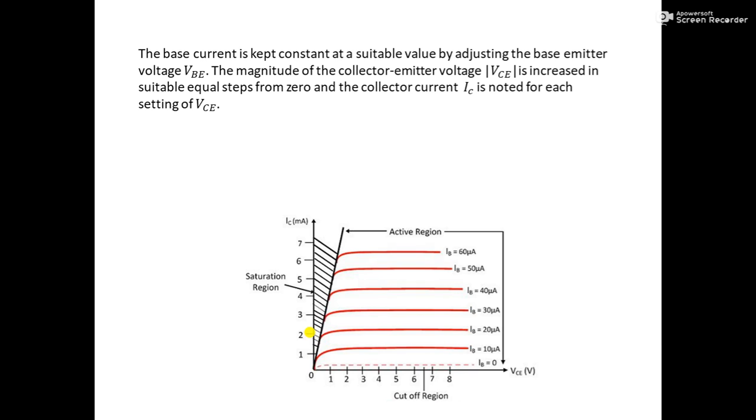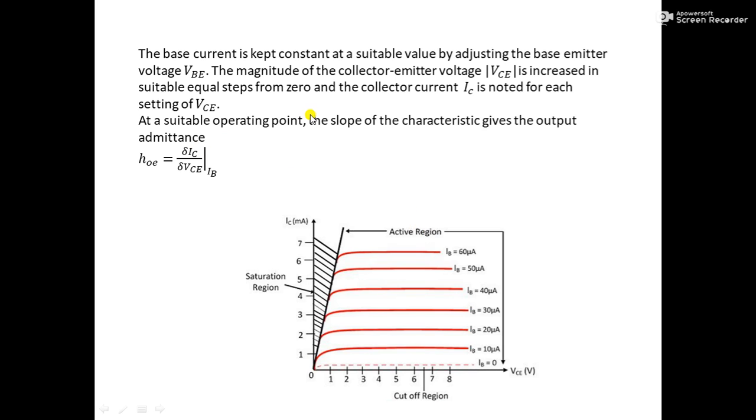Three regions of the characteristics are there. This region above IB equal to 0 is termed the active region. This portion below IB equal to 0 is called the cutoff region, and this black shaded portion is termed the saturation region.